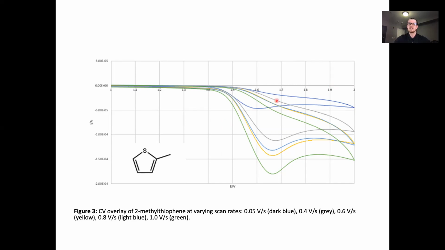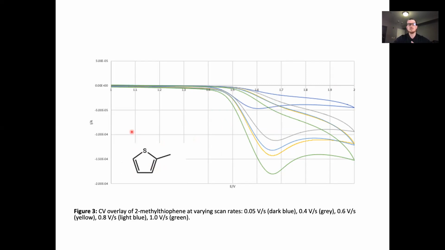Now, as you can see, as we change the scan rates here, we are not seeing those reductive behaviors because this reaction going towards the dimerized product of this thiophene ring is an irreversible reaction.